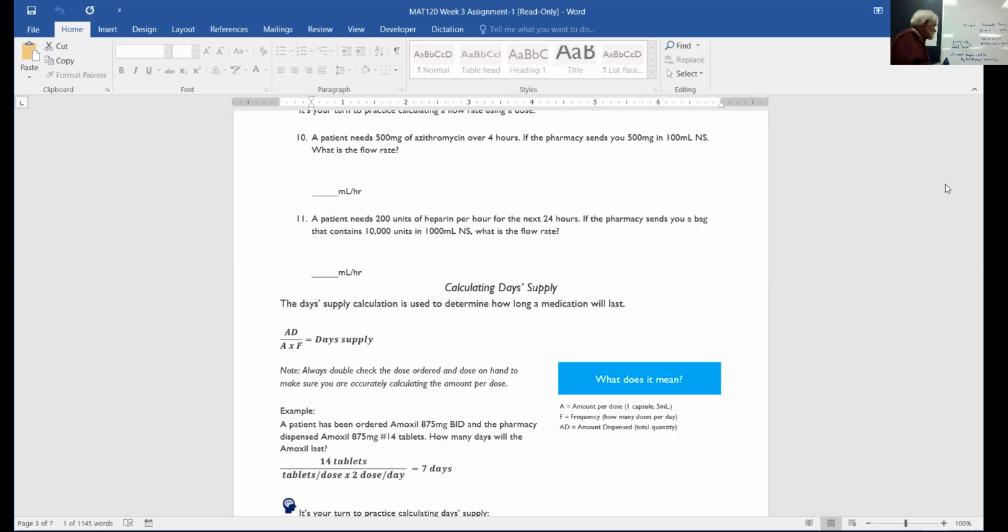Okay. So if the weight is in pounds, we have to convert to kilograms. Remember how we do that? Right, divide by what?